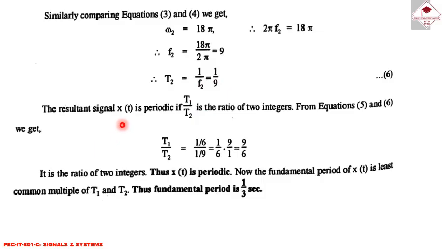The resultant signal x(t) is periodic if T1 by T2 is a ratio of two integers. From equations 5 and 6 we can write T1 divided by T2 equal to 9 by 6. So it is a ratio of two integers, thus x(t) is periodic. Now the fundamental period of x(t) is the least common multiple of T1 and T2. Thus the fundamental period is 1 divided by 3 second.